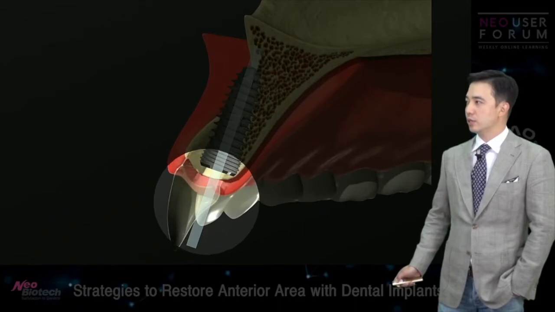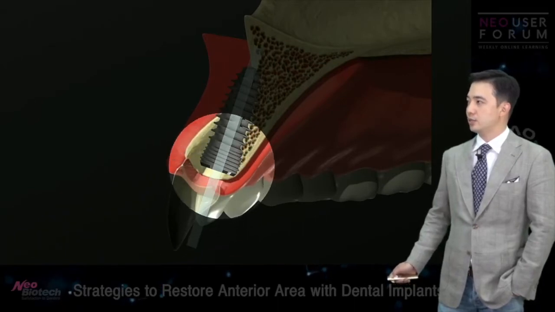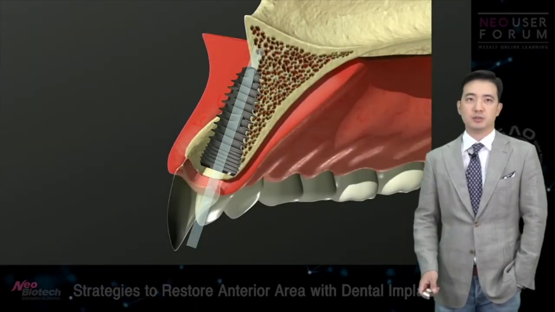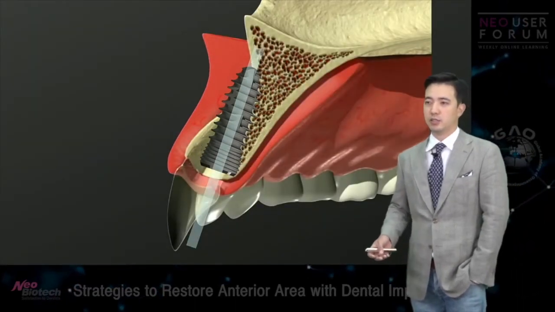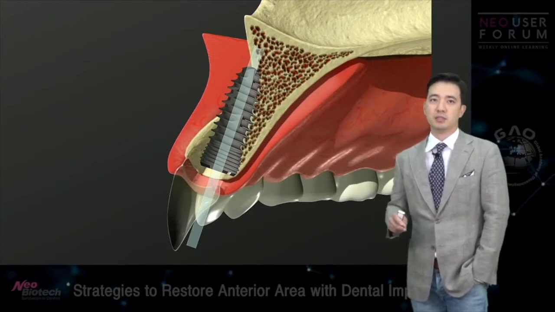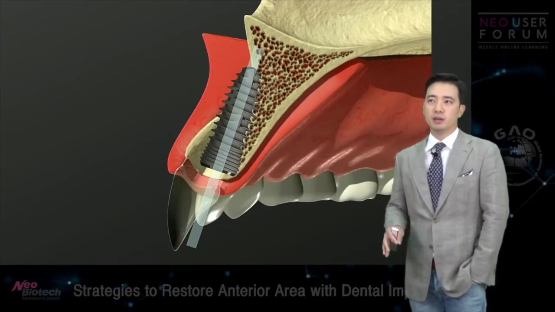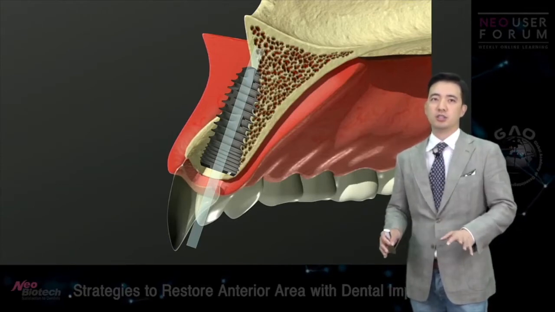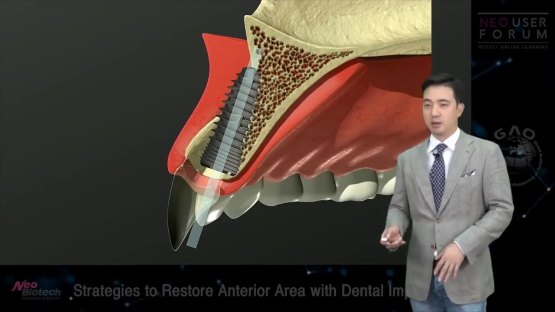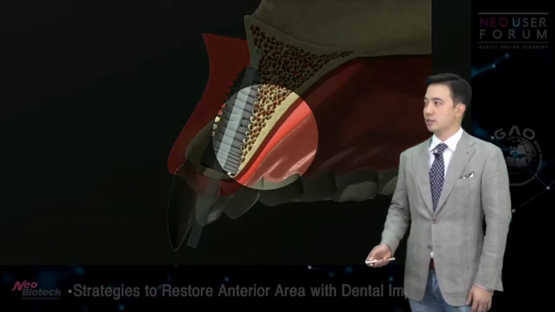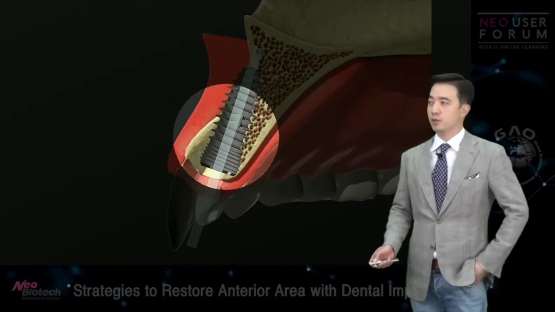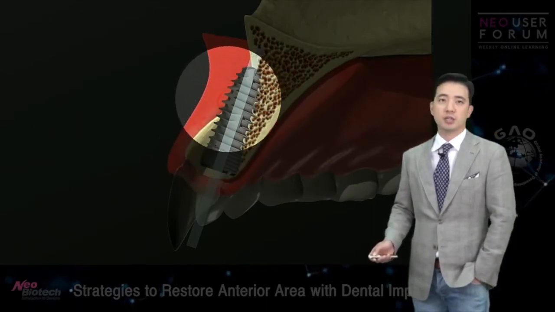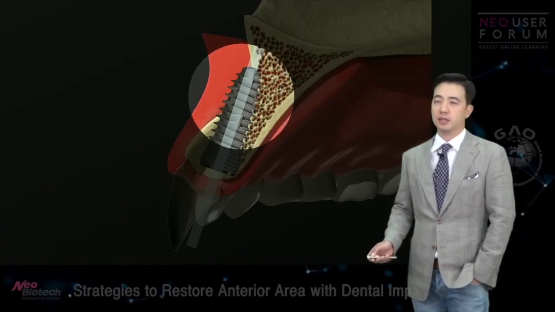So your implant has to go into the bone, but a lot of times in this kind of situation in the maxillary anterior area, the bone angulation just doesn't allow the path of the implant to go in like this. What you end up having is an exposed apical area of the implant like this.